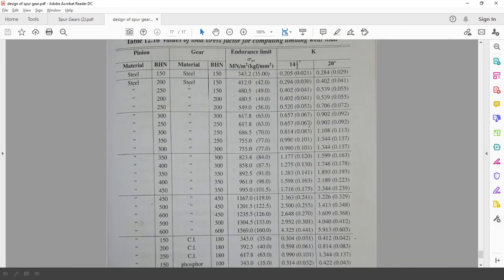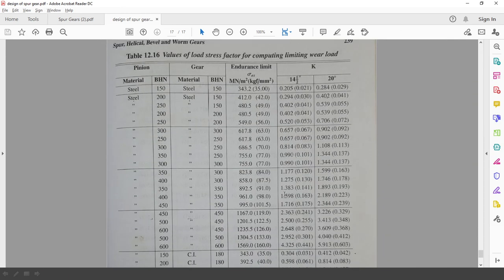Now, how much you got? 1.41. Now, values of load stress factor for computing limiting wear load. For 14.5 degree profile, the next value of K is 1.598 here. Corresponding to this one, BHN for gear is to be 350 and BHN for pinion has to be 400.